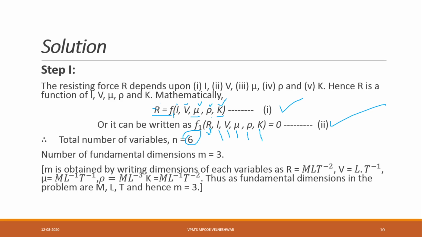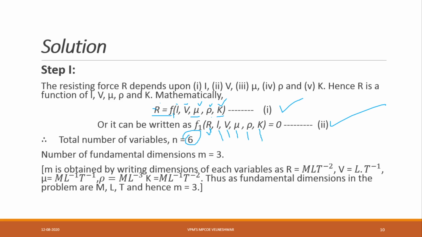Good. Now the number of fundamental dimensions m is equal to 3. Generally the dimensions we consider are mass, length and time. Now m is obtained by writing the dimensions of each variable. As we have seen in our previous lecture, I have shown how to find the dimensions of force, velocity and so on.